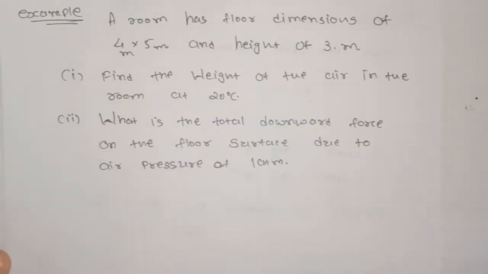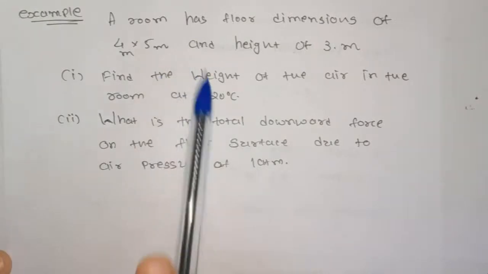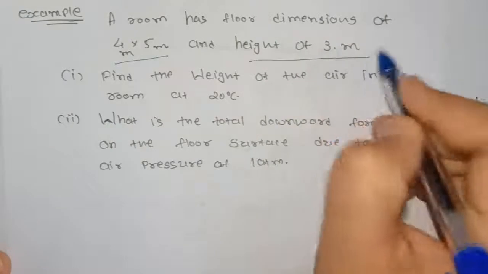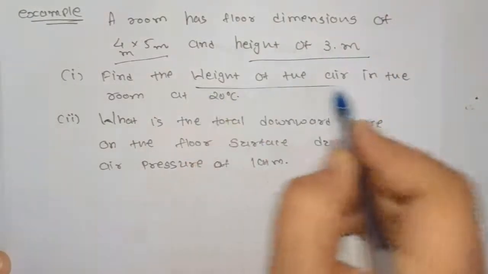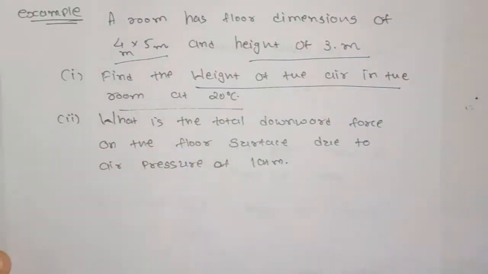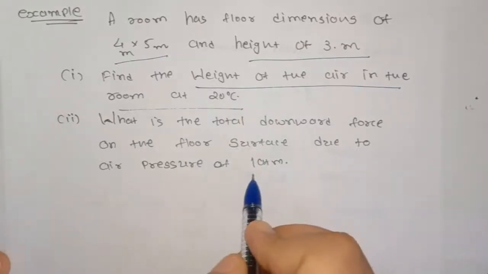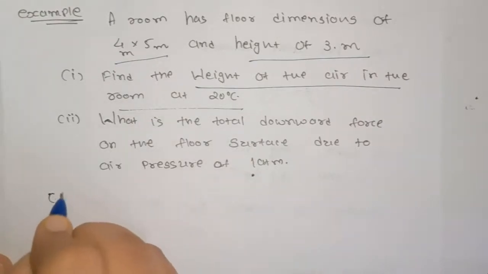Now let us see one example. A room has floors of dimension 4 meter and 5 meter and height of 3 meter. We want to find the weight of air in the room at 20 degrees Celsius and the total downward force on the floor surface due to the air pressure at 1 atm. First, we will find the weight of air.